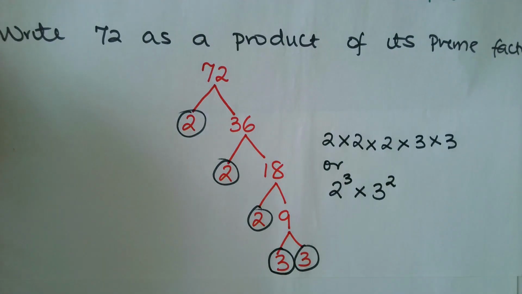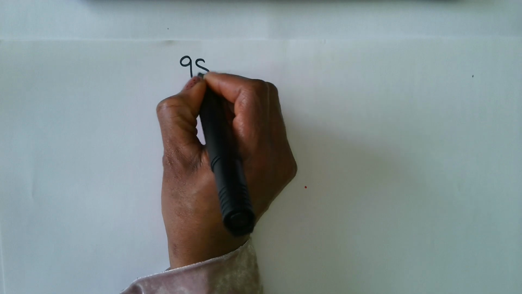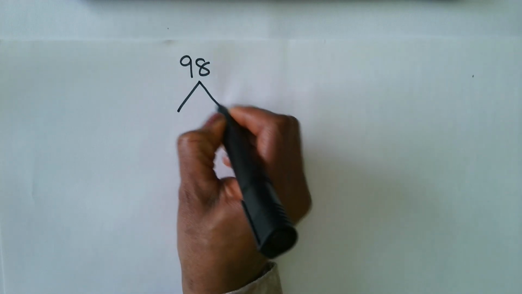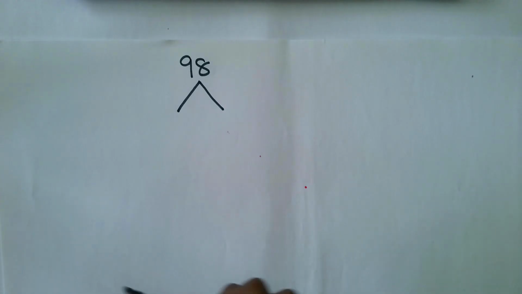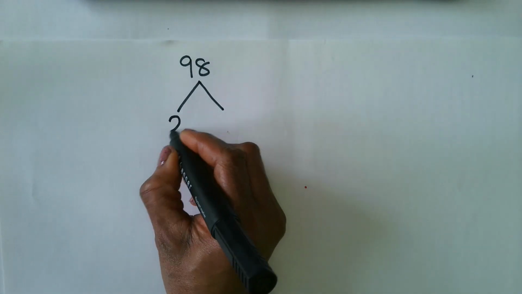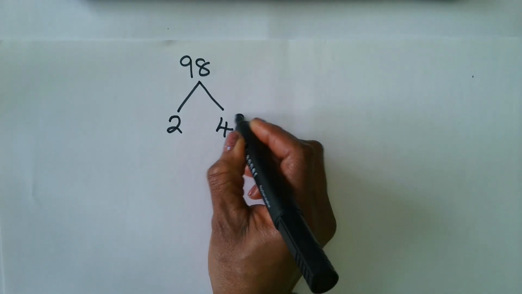Now we're going to be looking at another example. We're going to write 98 as a product of its prime factors. We're going to find two numbers that when we multiply will give us 98. So we've got 2 and 49.